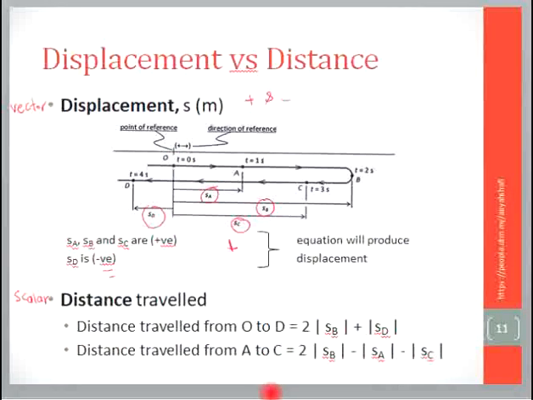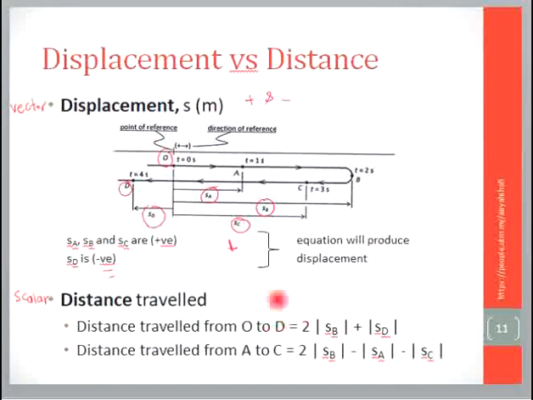And distance is scalar. So the distance traveled is from O to D. So where is D? D is here and O is here.